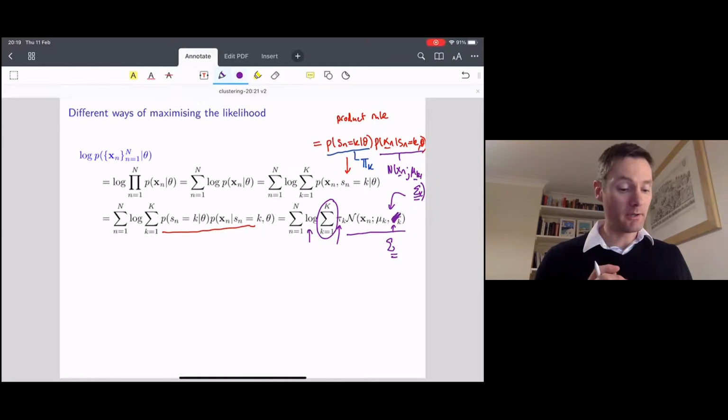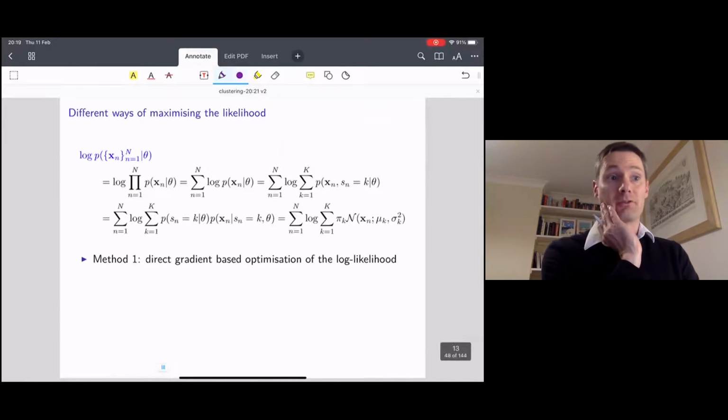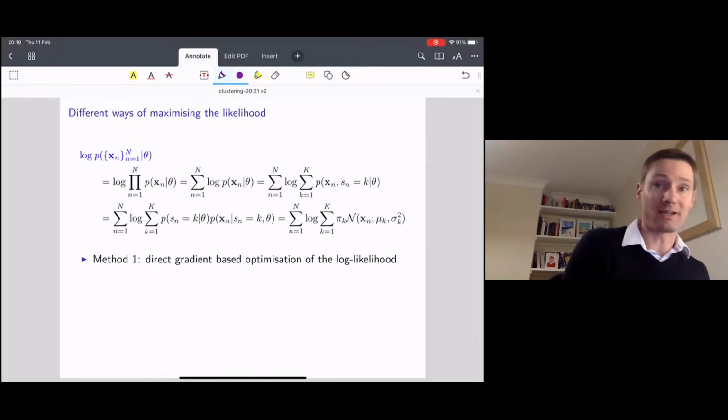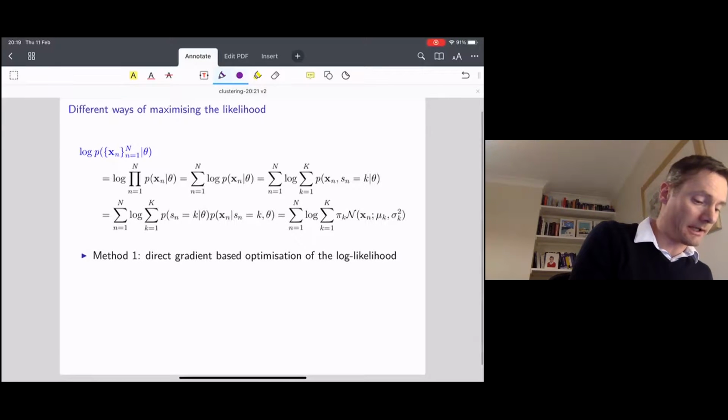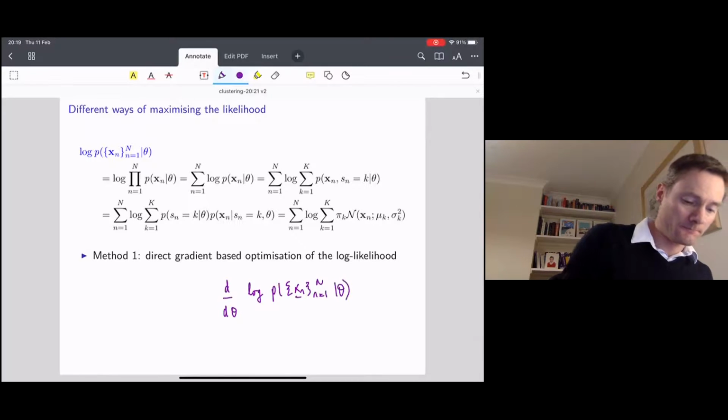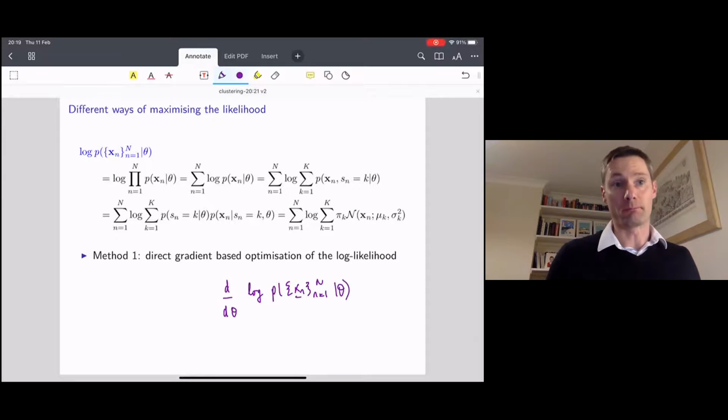So it would be perfectly possible to carry out direct gradient-based optimization of this log likelihood. So for instance, we could use something akin to gradient ascent, whereby we compute the gradients of this quantity with respect to theta. So we compute this thing. And then we could perform some gradient-based update using that computed gradient.